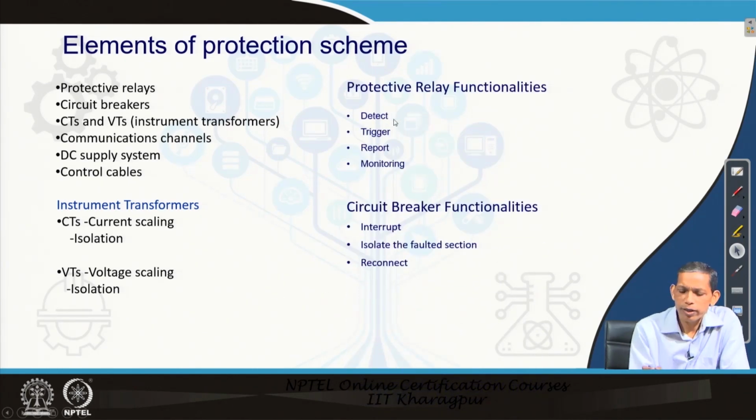The different functionalities of these elements in the protection system: the relay detects the fault, makes a decision, triggers the trip circuit which commands the circuit breaker.